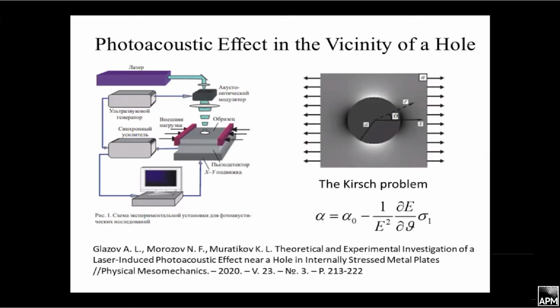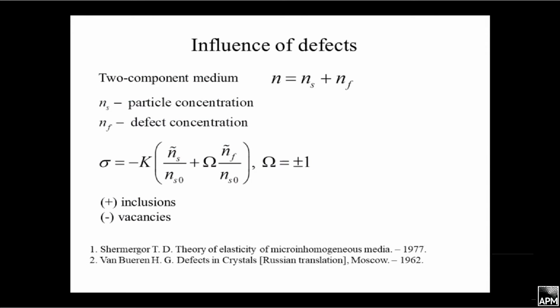Today we are not going to give a full explanation for this experiment, and frankly speaking, we don't know the exact answer. But we'll focus only on one feature which is not taken into account by the classical theory. It's the presence of defects in real material.